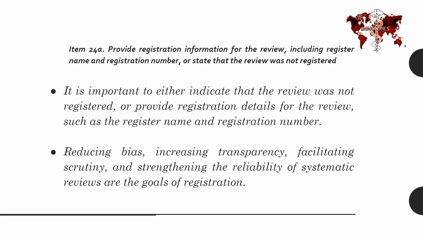Usually for item 24A, you have to provide the registration number for the review, as well as where it was registered, the name and the number, or you have to state if it was not registered. So you want to state where the systematic review was registered, if it was registered in Prospero or in Open Science Framework. You also want to mention the registration number or the DOI.